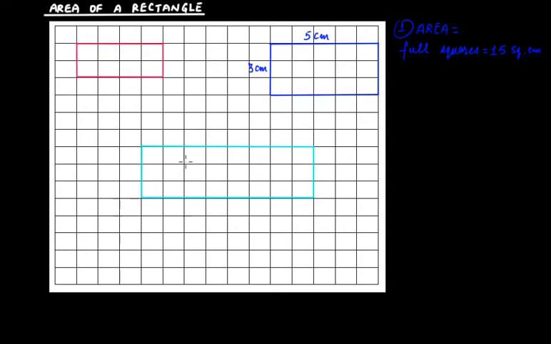Now let's take this one. In this case we have 8 centimeter as our length, so you can clearly see that we have 1, 2, 3, 4, 5, 6, 7 and 8 squares in a row, and the width of this rectangle is 3 centimeter, so 1, 2 and 3. Again, I have drawn it in a way that we don't have any half squares, squares less than half, or squares greater than half.